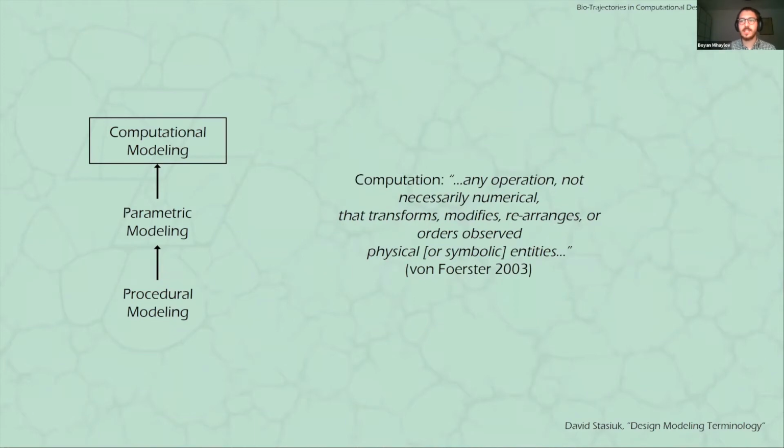In this context, Stasiuk points to a very interesting quote from von Foerster, which states that computation is any operation, not necessarily numerical, that transforms, modifies, rearranges, or orders observed physical or symbolic entities.